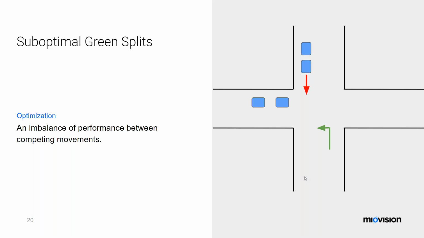Say the southbound left movement was really struggling and had a lot of split failures, and the southbound through movement was experiencing a lot of excess capacity. Is there an opportunity to shift some of the green time between those two movements to have a more balanced performance? If we see that imbalance, that's what we consider a suboptimal green split, and that is now flagged.